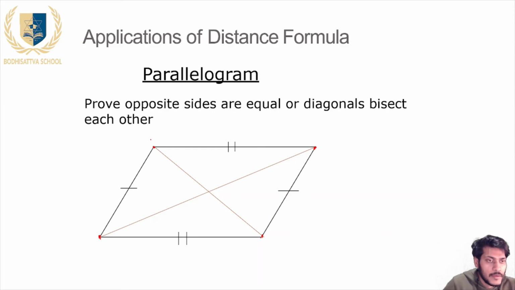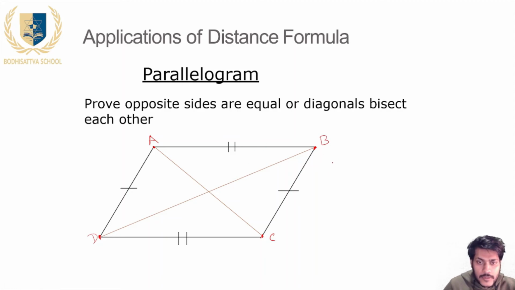So the first vertex is A, second one is B, C and D. Using the distance formula, find all the sides AB, DC, AD and BC, and also AC and DB.